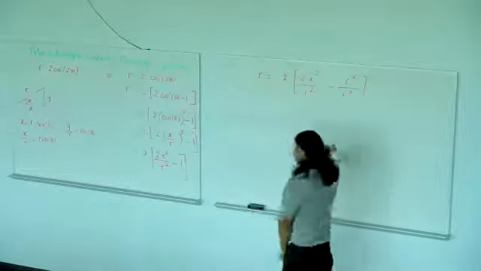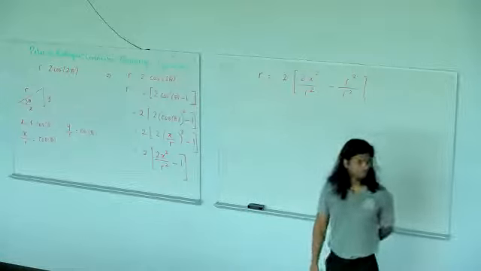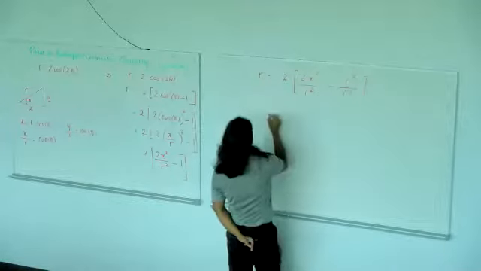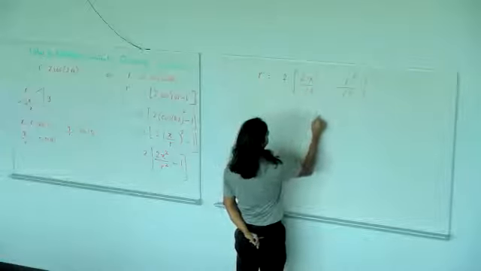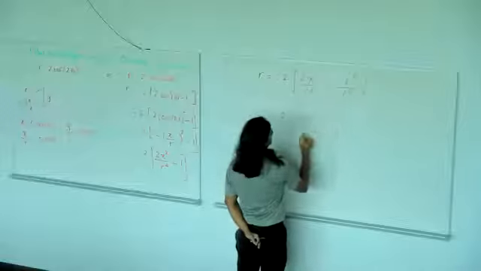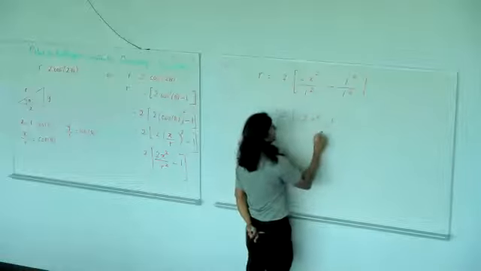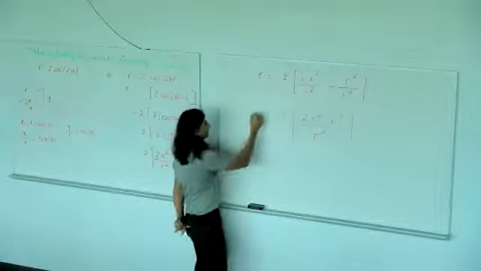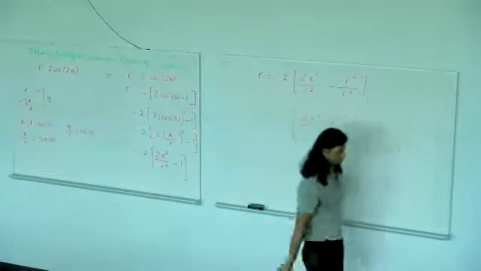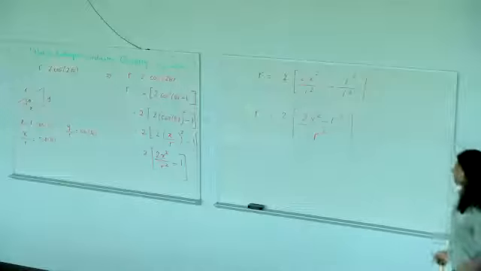Do I have a common denominator now? Yes, which means I'll combine the numerators: 2x squared minus r squared divided by r squared. Left-hand side, r. Good.